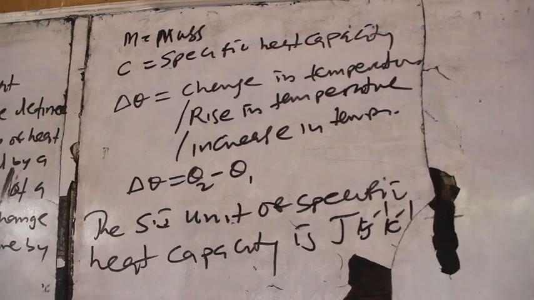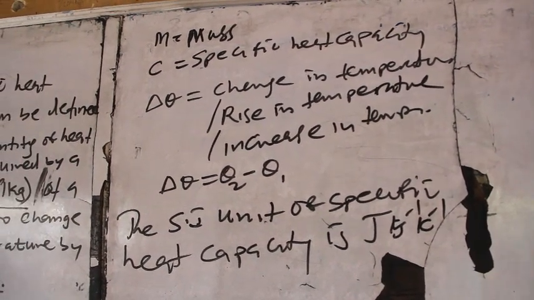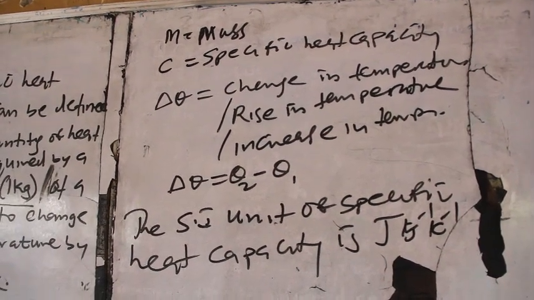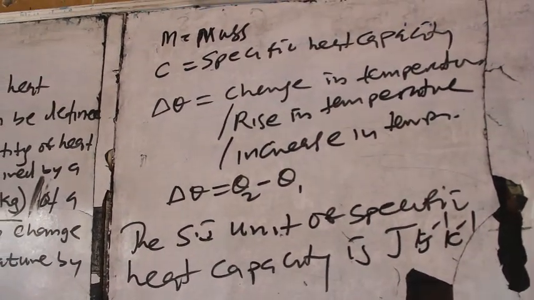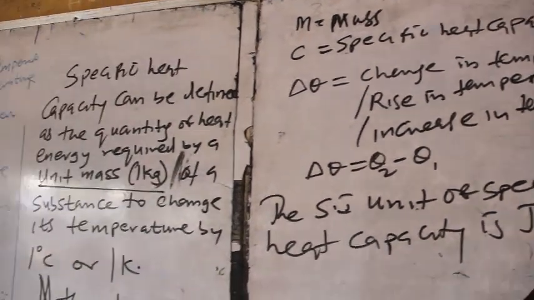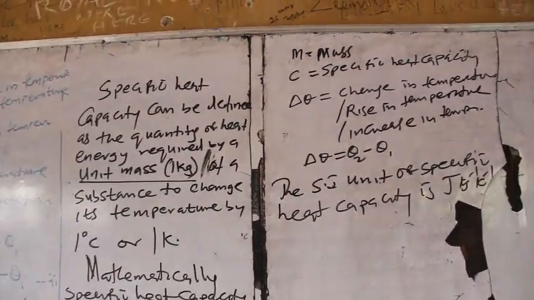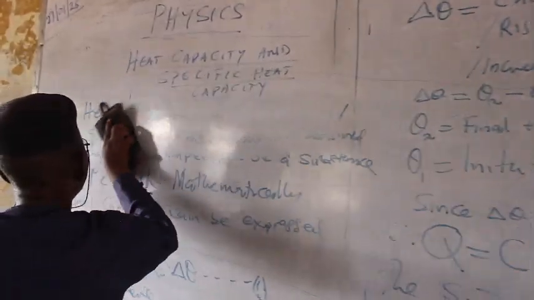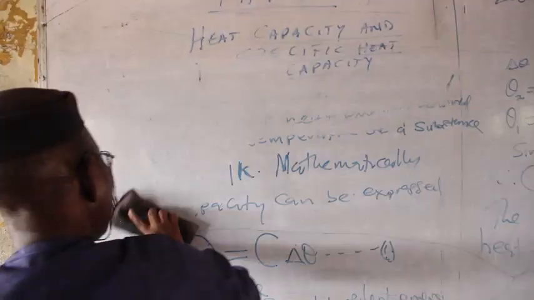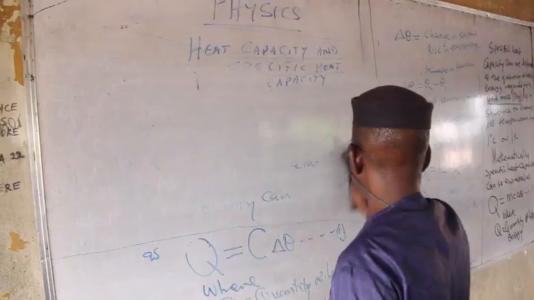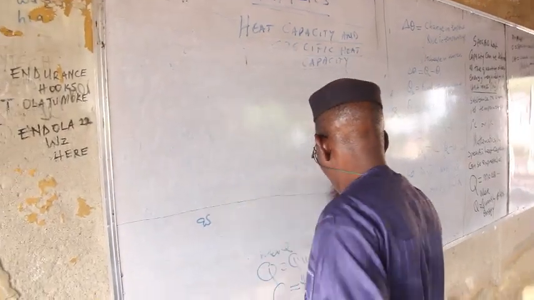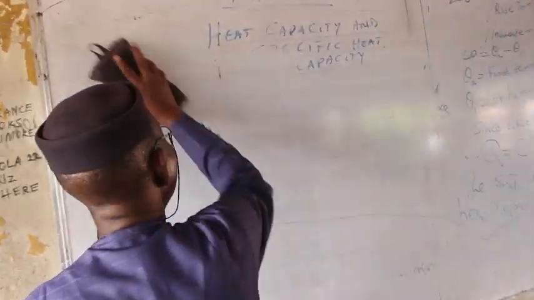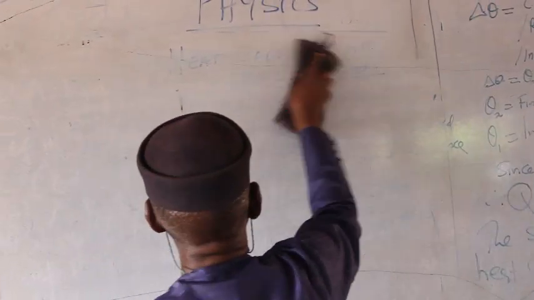Now, having known that, we know heat capacity, we know specific heat capacity, the relationship between the two of them, before we now give you heat, what you need to know to solve questions under this aspect. Now, the relationship between specific heat capacity and thermal capacity. What is the relationship between the two physical quantities?